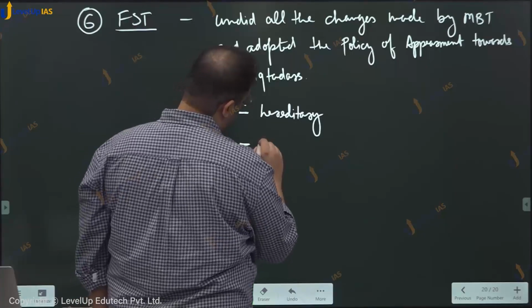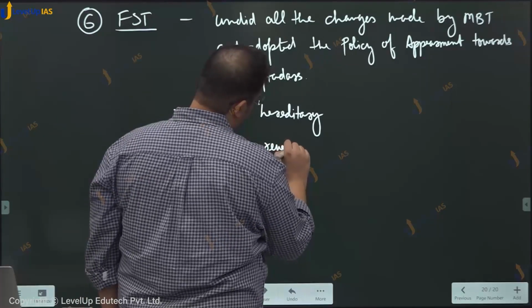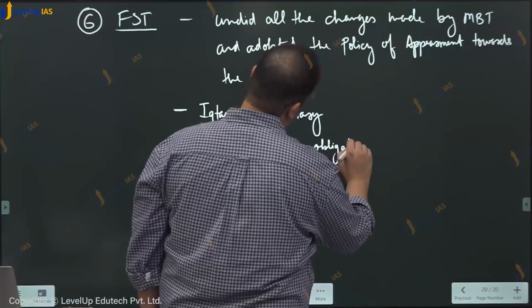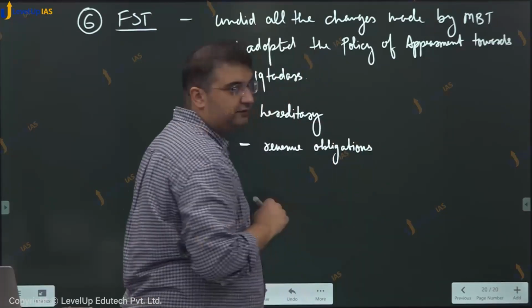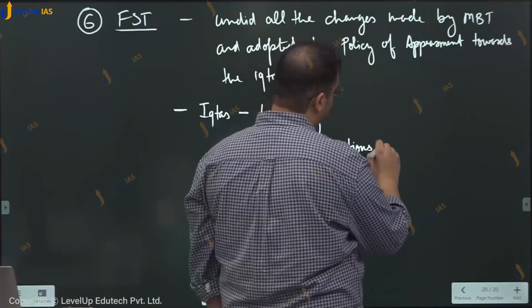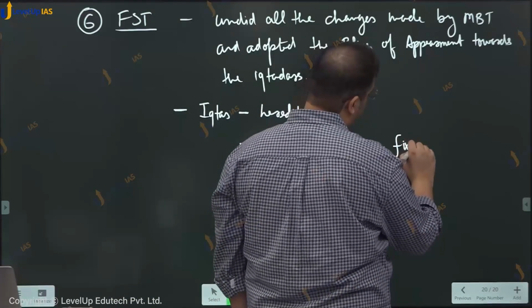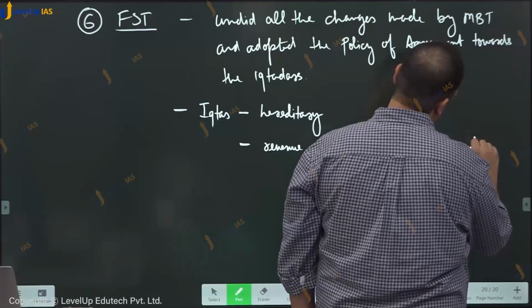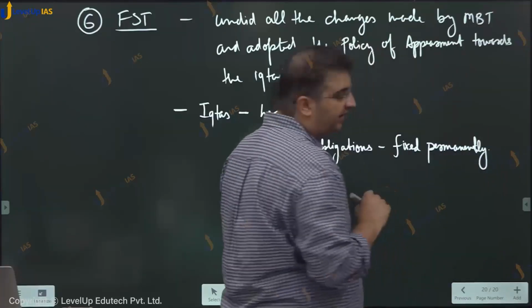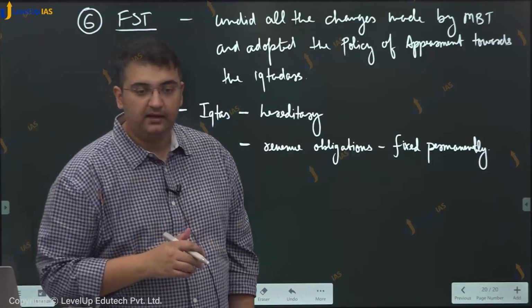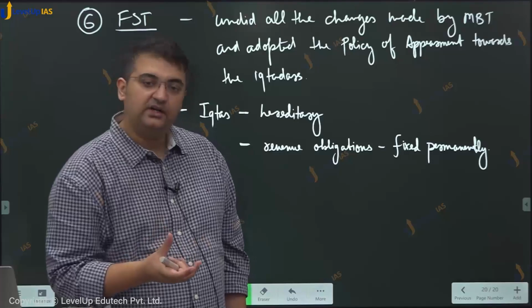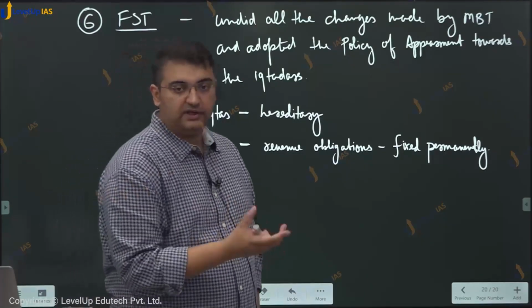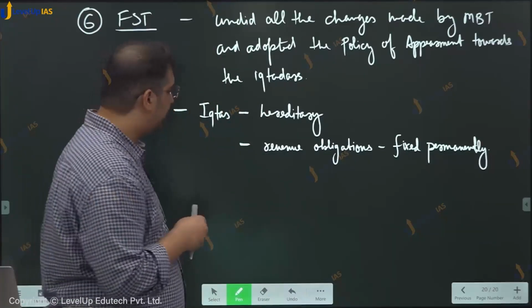The revenue obligations from each Iqta were fixed permanently. So every year the Iqtadar was supposed to pay a particular sum of money to the center, and जो भी extra production हुआ है, he was allowed to keep it for himself. Right?